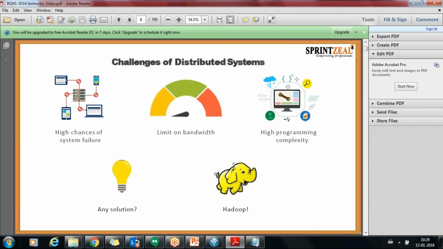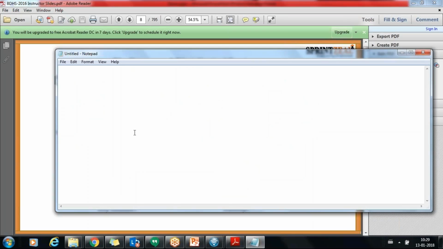Okay, let's take an example. Let's say you have 100 lines of data, 100 records in a data file, present in file one. It's not like all 100 lines go to one particular node.